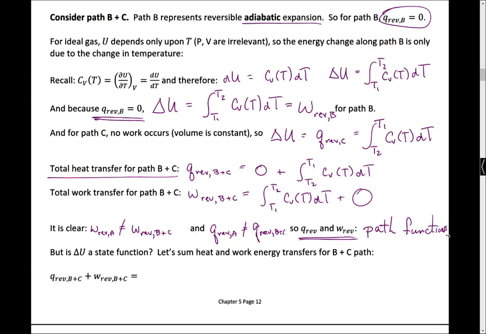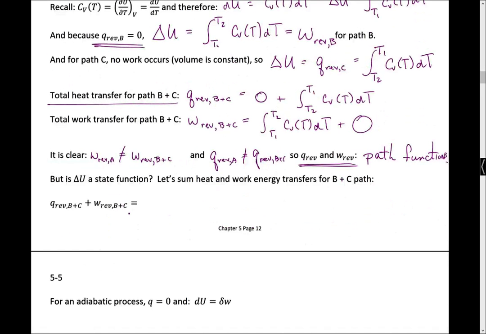But we've also said that if we look at the change in the energy of the system, we expect that to be a state function, right? So for path B plus C, that's going to correspond to the total heat transfer on path B and C plus the energy transfer in the form of work. So this is delta U for path B plus C. We know that our reversible heat transfer for the sum of those two paths is given by the integral from T2 to T1 of Cv T dT.